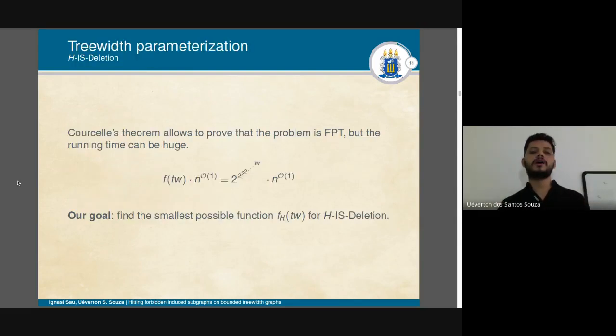Courcelle's theorem allows us to prove that the problem is FPT, but the dependence on the treewidth of that algorithm can be very large. Then, in this talk, we are interested in solving H-free vertex deletion parameterized by the treewidth, and we are trying to analyze the smallest possible function of the treewidth to solve that kind of problem.